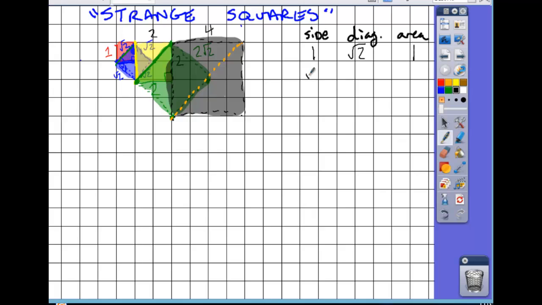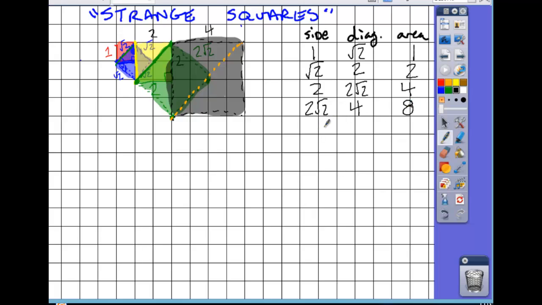Side of the blue square was root 2, diagonal was 2, area was root 2 times root 2, that was 2. Side of the yellow square was 2, diagonal 2 root 2, area was 2 times 2, that was 4. Side of the green square, 2 root 2. Diagonal was 4. Area, which is the square root of 8 times itself, was 8.